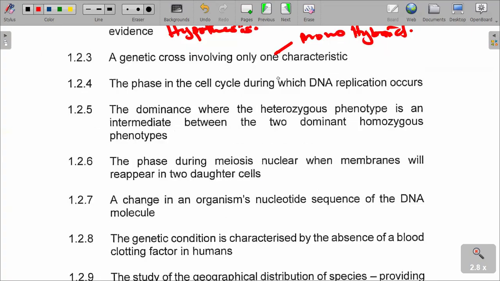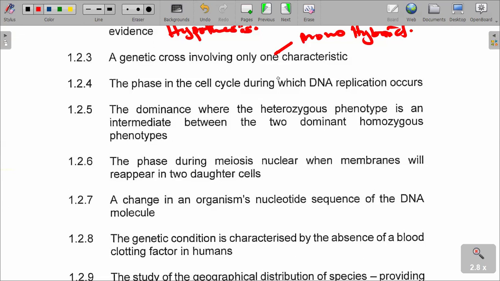And then the phase in a cell cycle during which DNA replication occurs. It is also a question that is always repeating itself. I once answered it in another section of questions.